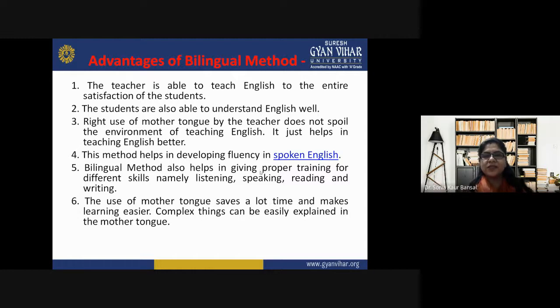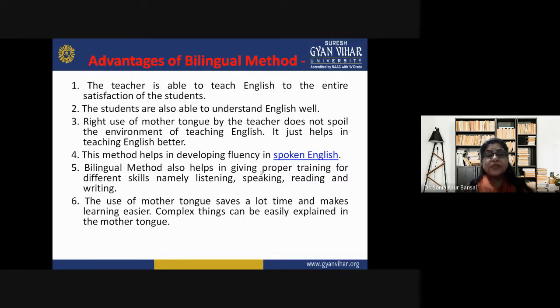Then you are putting that English word in place of the word which the child is using in the mother tongue. So overall, it is enhancing the use of language skills, basically LSRW skills.